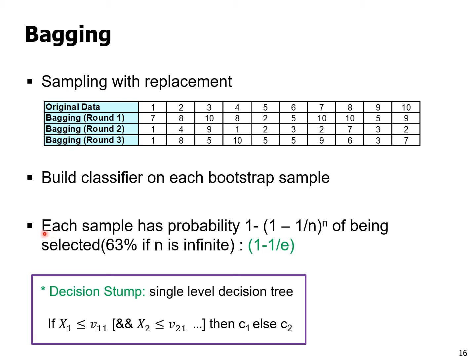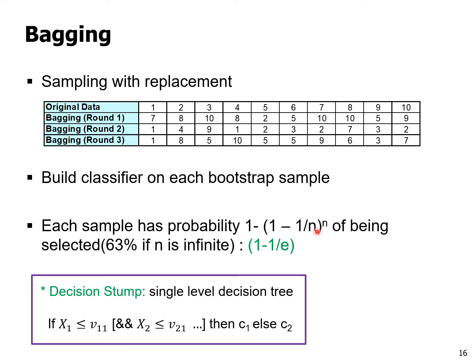By the way, each data point has the probability 1 minus (1 minus 1 over n) to the power of n of being selected. So the probability that a certain data is selected is this.